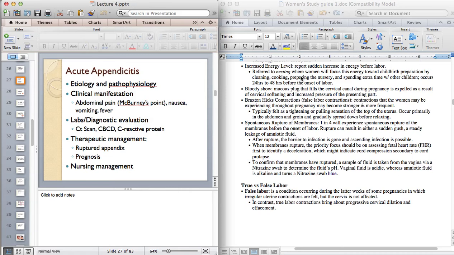You cannot put a warm compress and say, okay, let's put a warm compress, because if you do, you are hastening the rupture of that appendix.